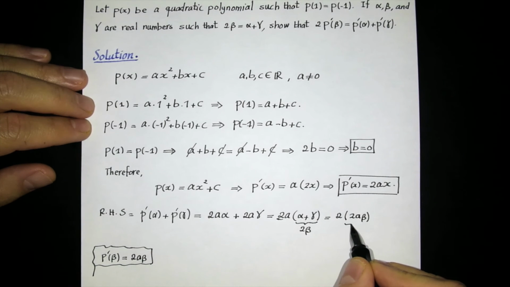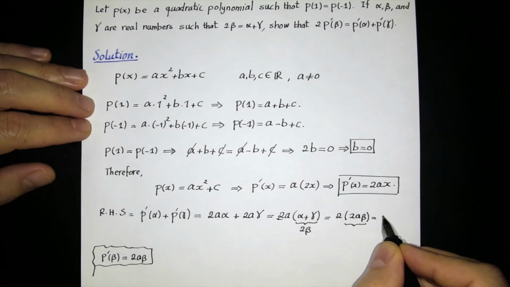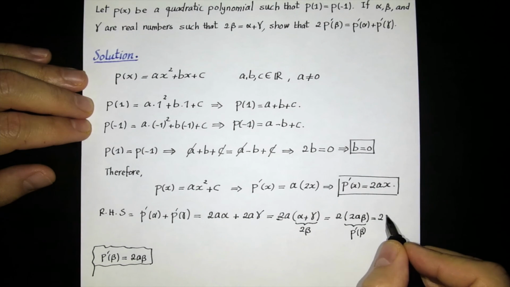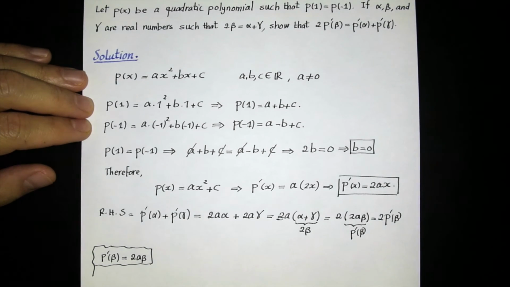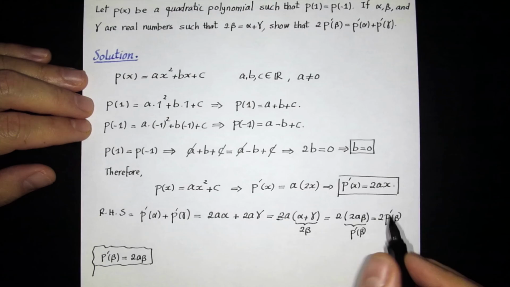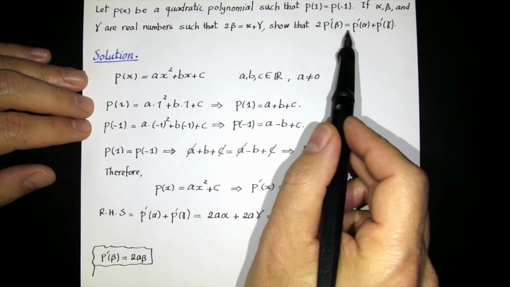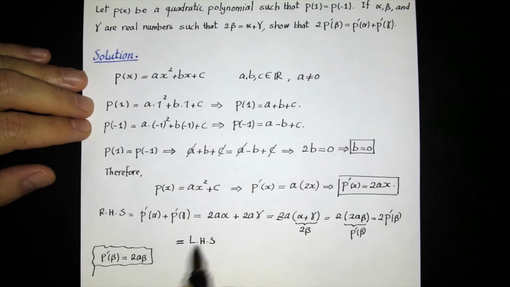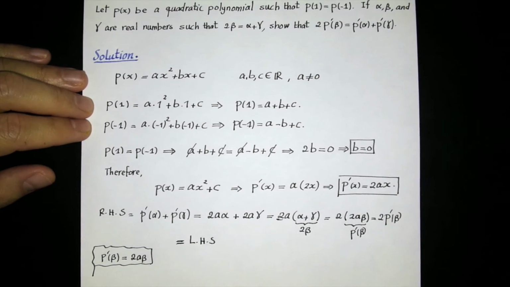So this expression here is p prime of beta, and this becomes 2 p prime of beta. But 2 times p prime of beta is exactly equal to the left-hand side of that expression that we are supposed to show.